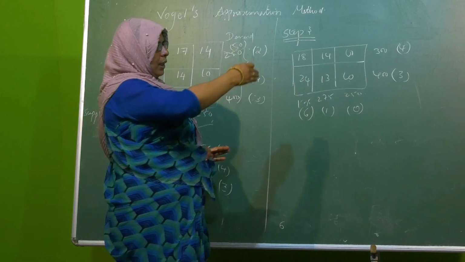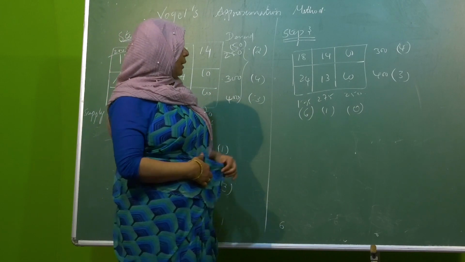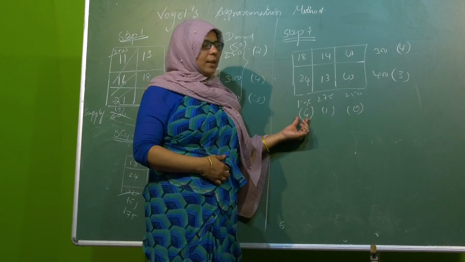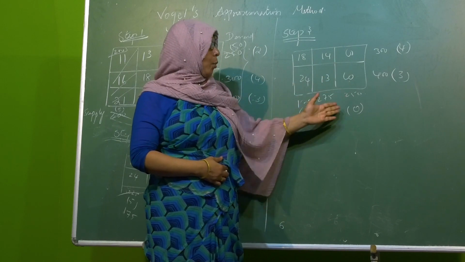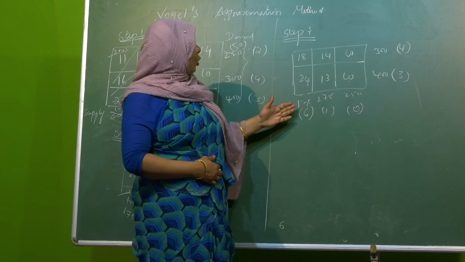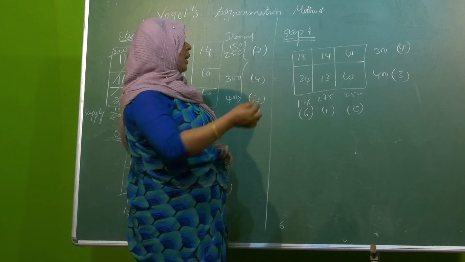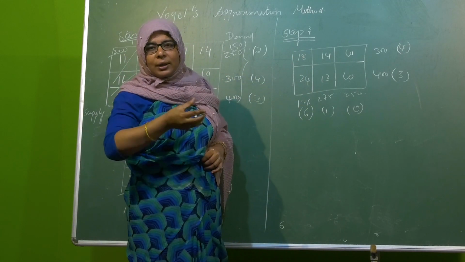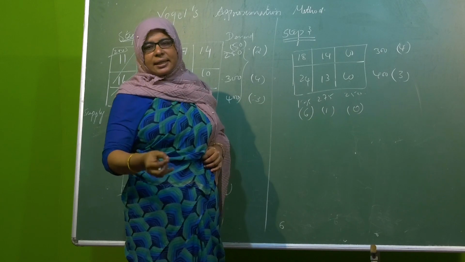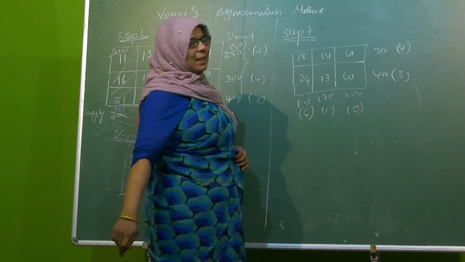So compare the differences row wise and column wise. So we got 6. 6 is the maximum difference, the highest difference among all these. So we select the first column. So what is the first column? 18 and 24. Which one is the least element among these two? 18 is the least element. So for 18, the row element is 300 and the column element is 175.